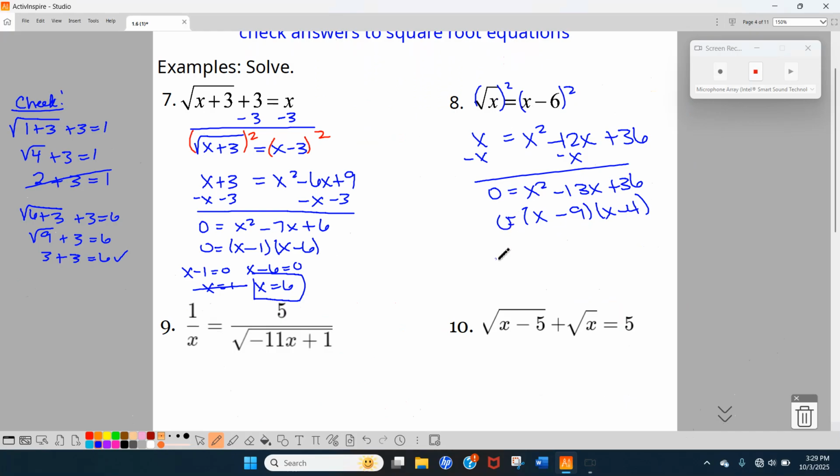So x minus 9 equals 0 gives us 9 as an answer. I forgot to show over here this step. Make sure that you're always showing all of these little nitpicky steps.